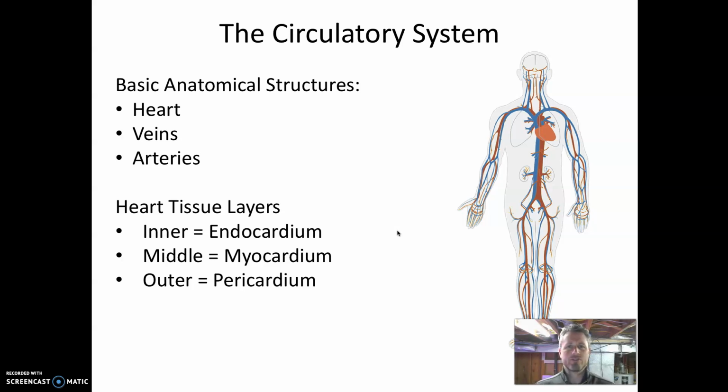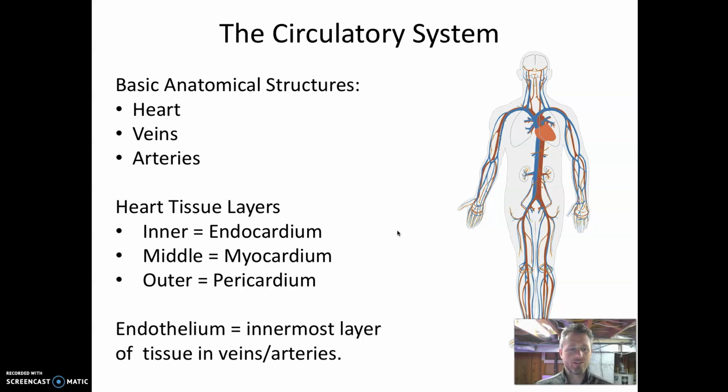The last piece of terminology related to the anatomy of the circulatory system that I think is important is the endothelium. Again, endo, inside, thelium. The endothelium refers to the innermost layer of tissue in veins and arteries. This is the layer of tissue that contacts the blood inside the veins and arteries, and that layer can be infected or damaged by infections.